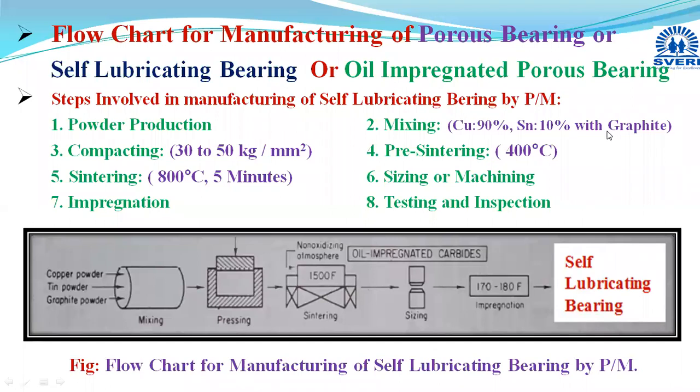During the next stage, that is compacting, there is friction between the metal die cavity walls and punch walls. To reduce that friction, we are adding graphite.